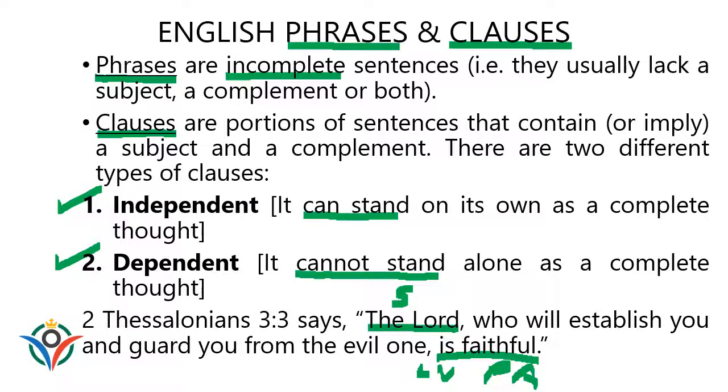However, this next part of the sentence, "who will establish you and guard you from the evil one," cannot stand by itself as a complete thought because it is dependent on the rest of the sentence. All right, so I hope that just clarifies in your mind the difference between the independent and dependent clauses.